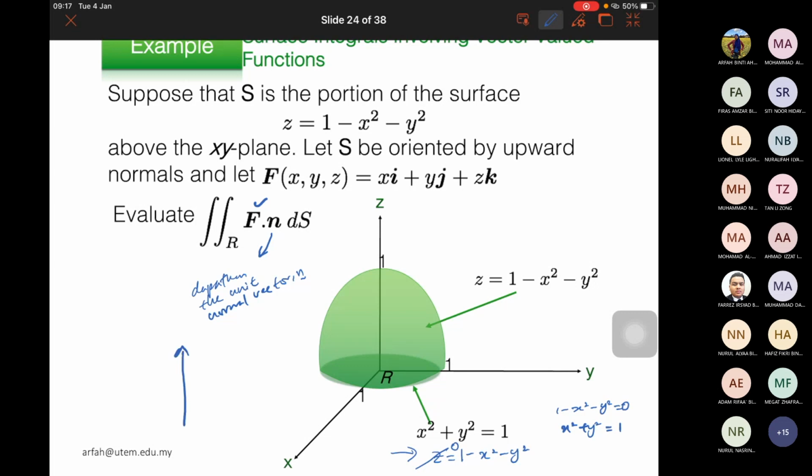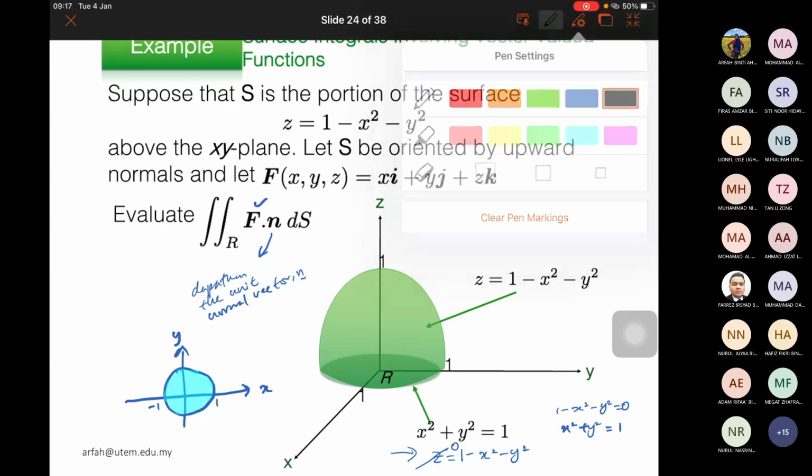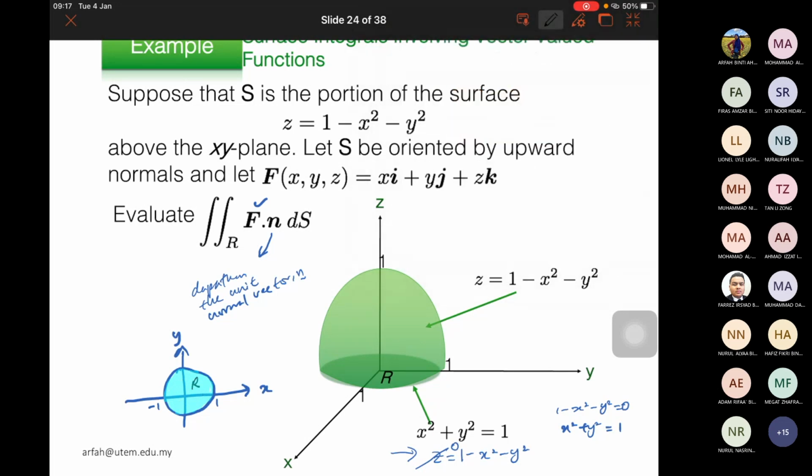If we draw the xy plane, you are going to have a circle here, negative 1 and 1, as the bounded region of R. So if it is a circle, when we do the integration, it will be easy if we use polar coordinates. Okay, so this is the region R, the base. So you can draw that one first before we take a look at how to solve this surface integral.